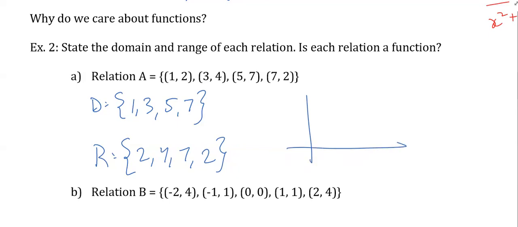I've got 1 and 2, and I've got 7 and 2. And so when I visualize that, I can see that's fine. So this is a function. What I don't want is 2 x's. 2 y's is fine. So this is a function. And Ellie, you're exactly right. We didn't need to write the second 2.